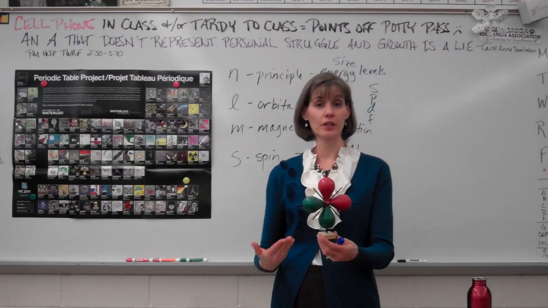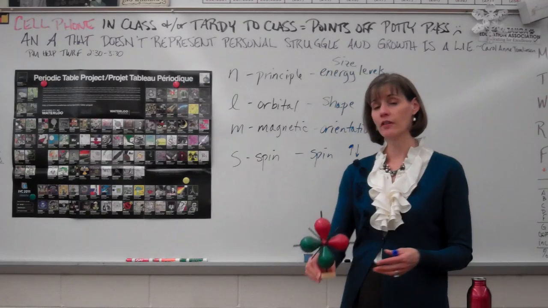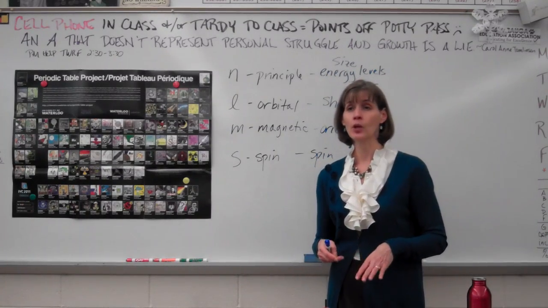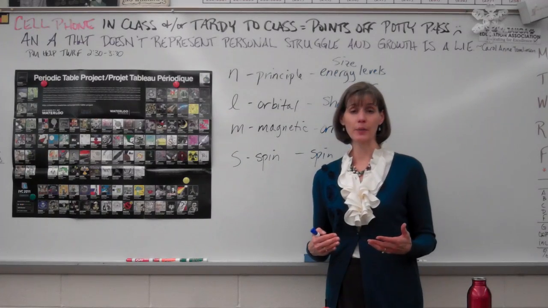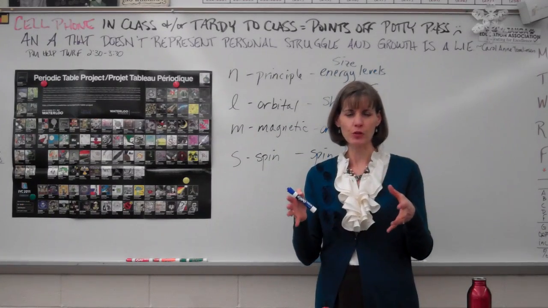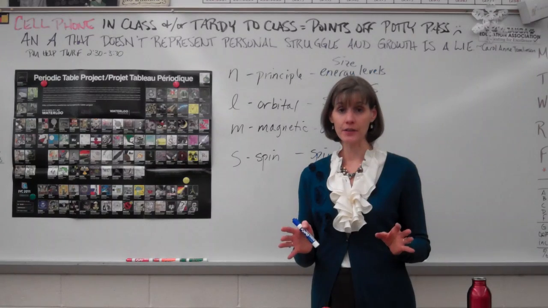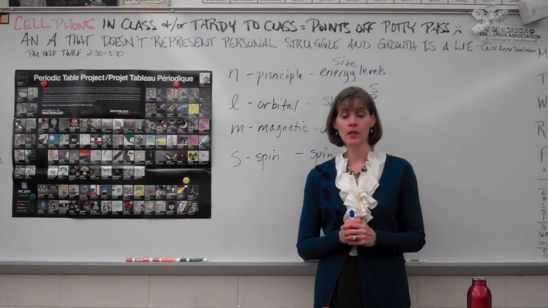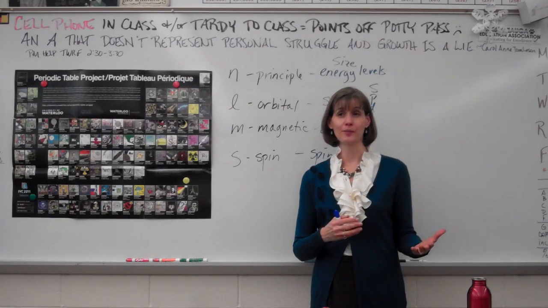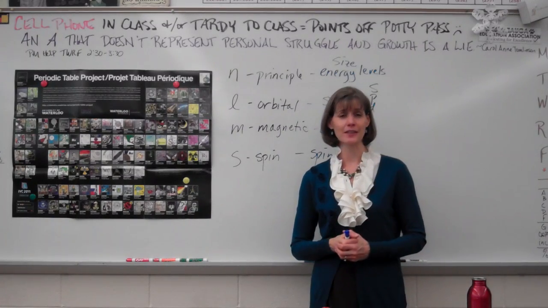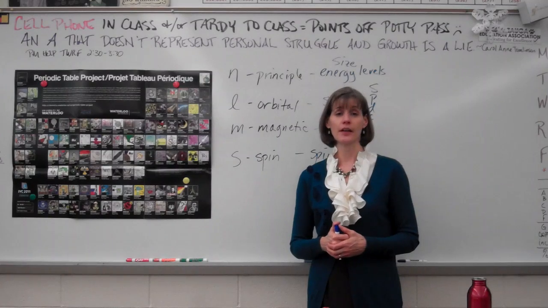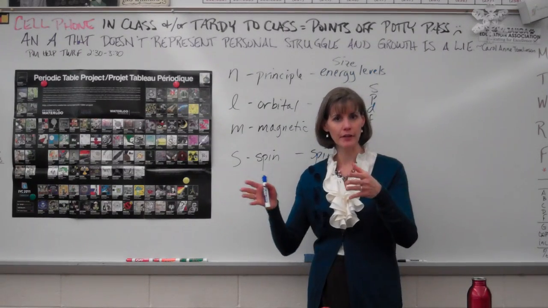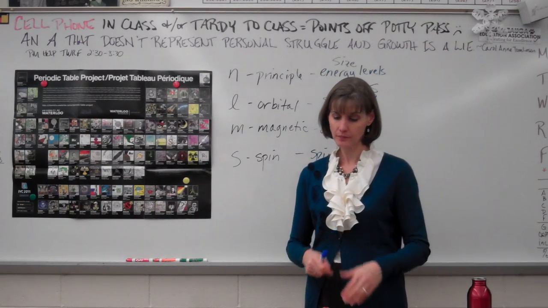This is a model of one of the d orbitals, but there are various general regions where the electrons tend to be. All of our analogies have been describing them as if they were actual physical structures, and they are definitely not. They're just a probable location. But to make them understandable at this introductory chemistry level, it's often easier just to consider them to be kind of like rooms, little areas where the electrons are going to go.